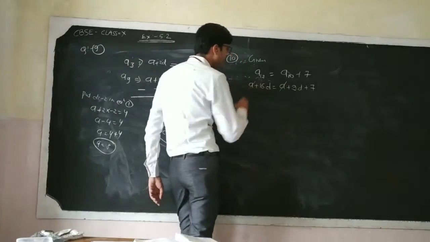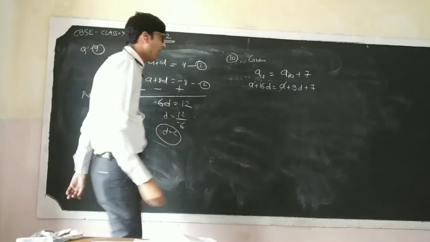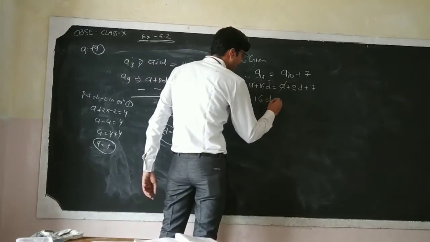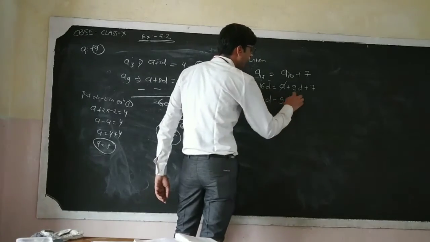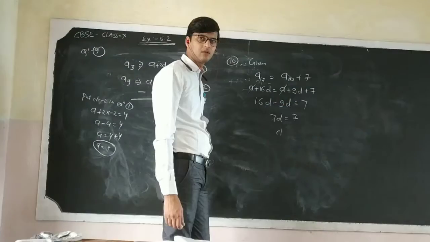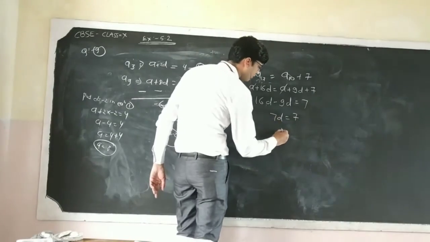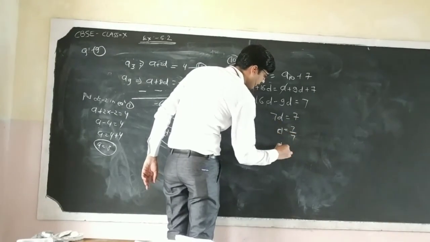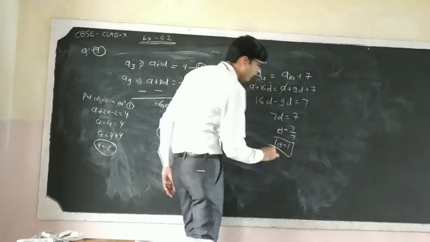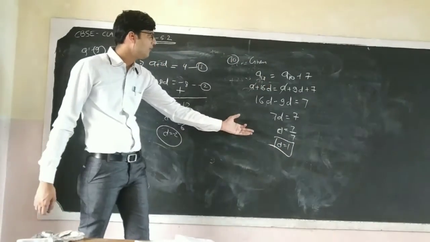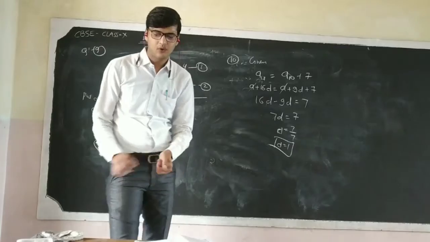The a's cancel out, and 16d minus 9d equals 7, so 7d equals 7, so d equals 1. The common difference is 1.